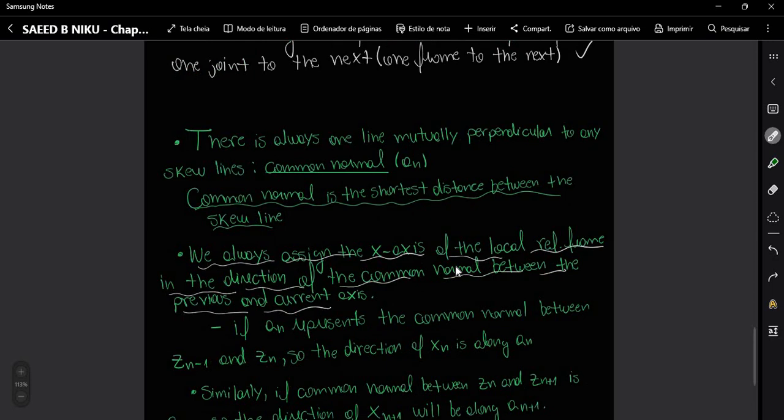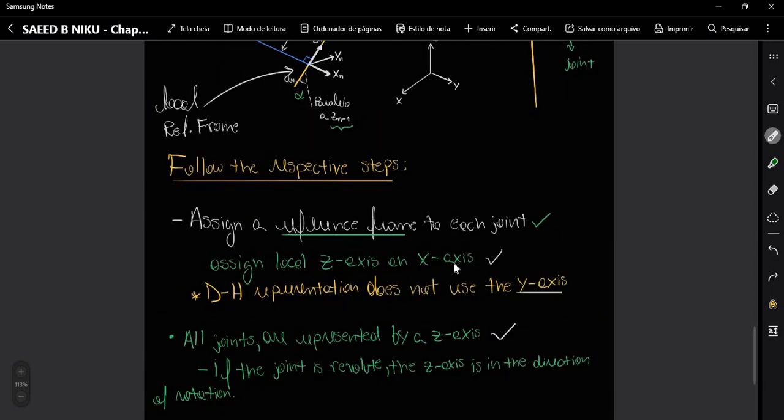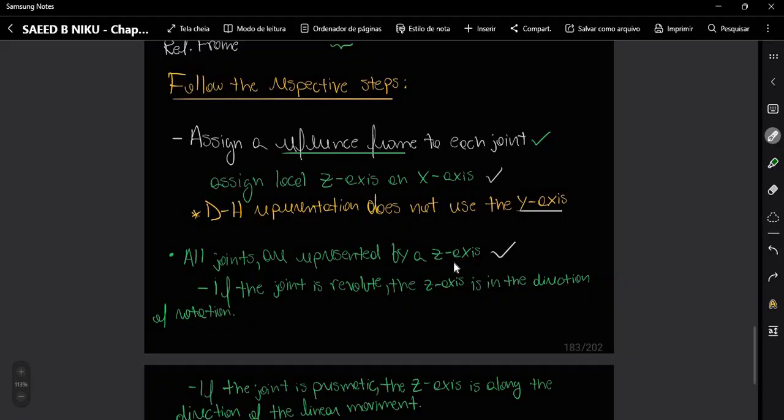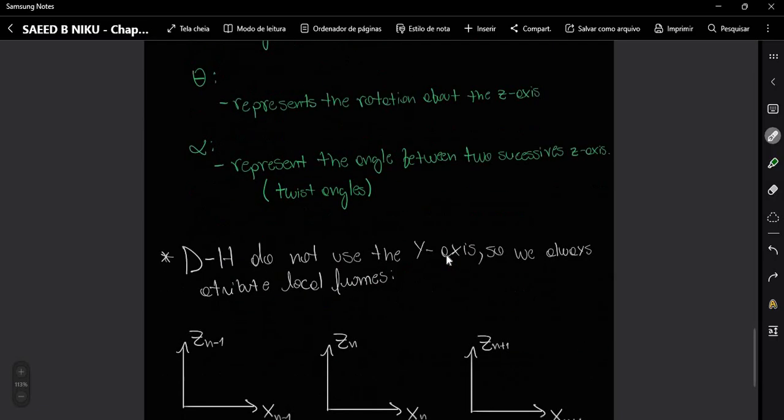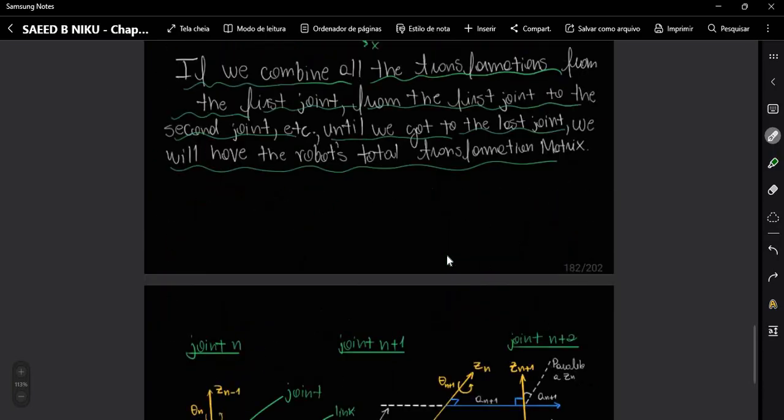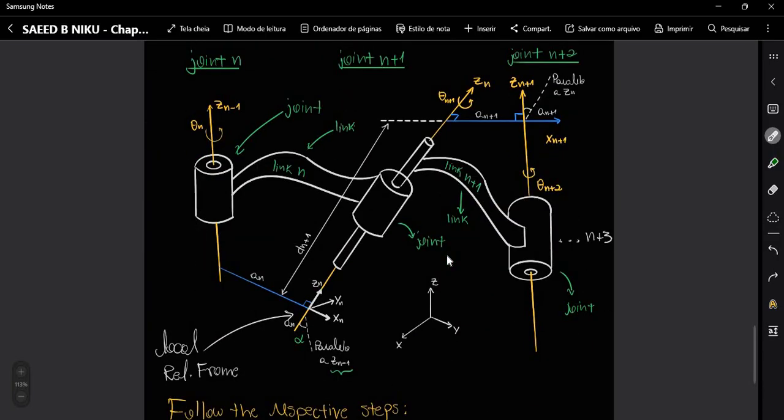On this first step we assign z and x. We also have this angle of rotation theta, so theta n, theta n plus 1 and theta n plus 2.